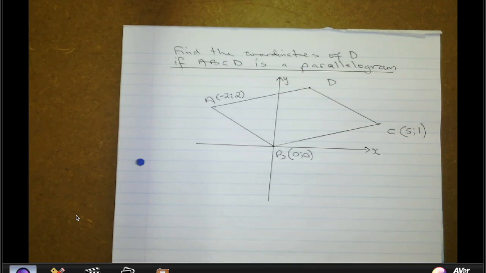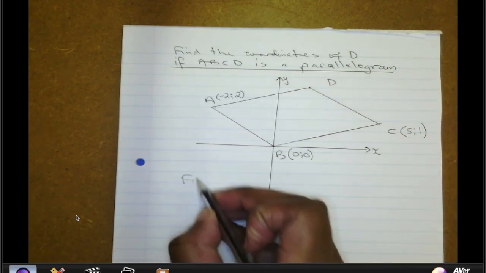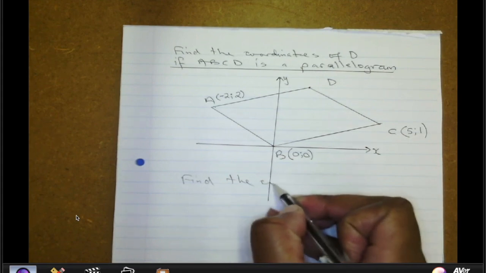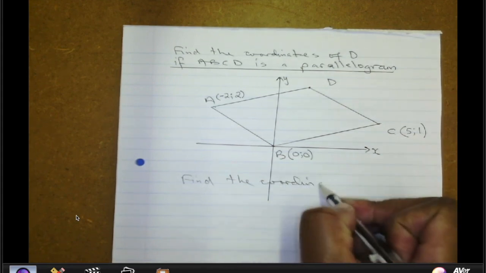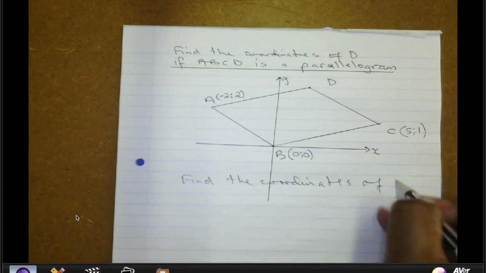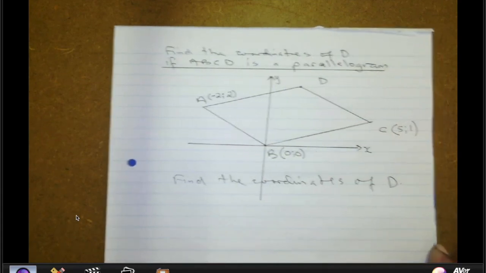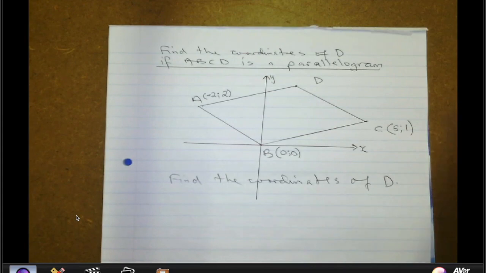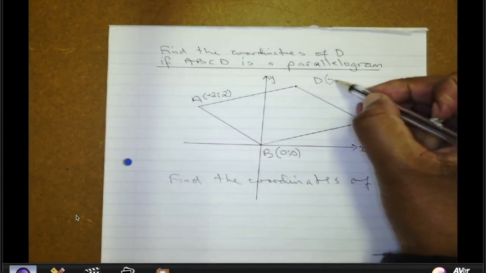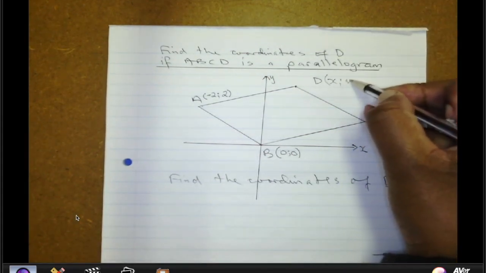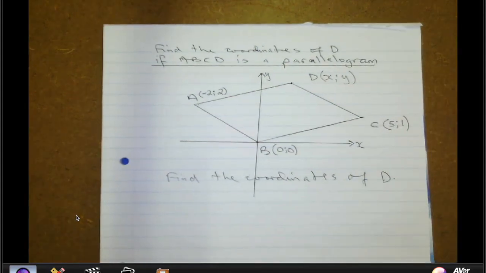We know the coordinates of A, B, and C, and we will need to find the coordinates of D. So we want to find the coordinates of point D. Maybe the starting point is to let those coordinates be x, y. And then remember that this is a parallelogram.